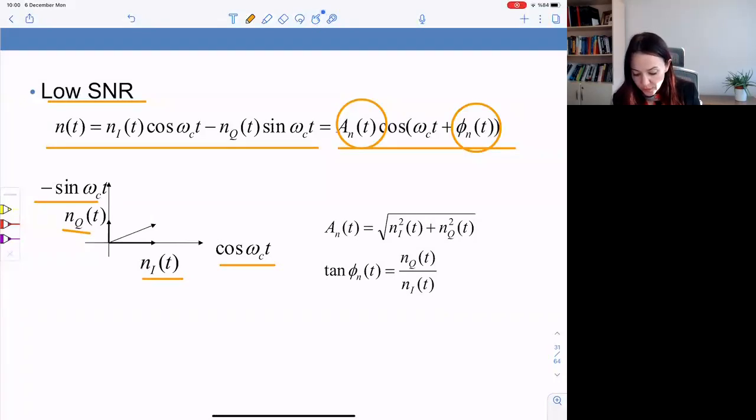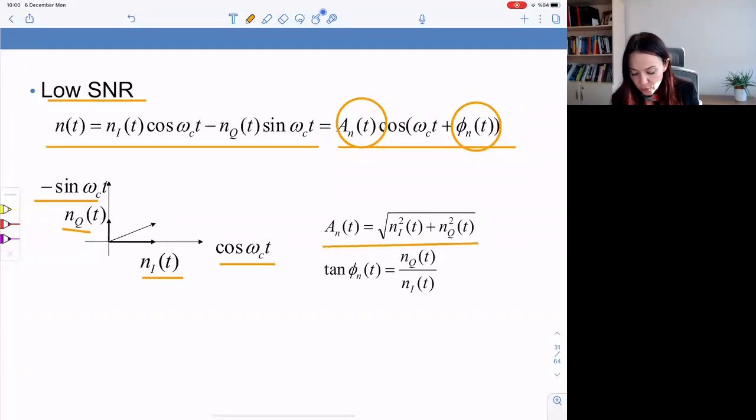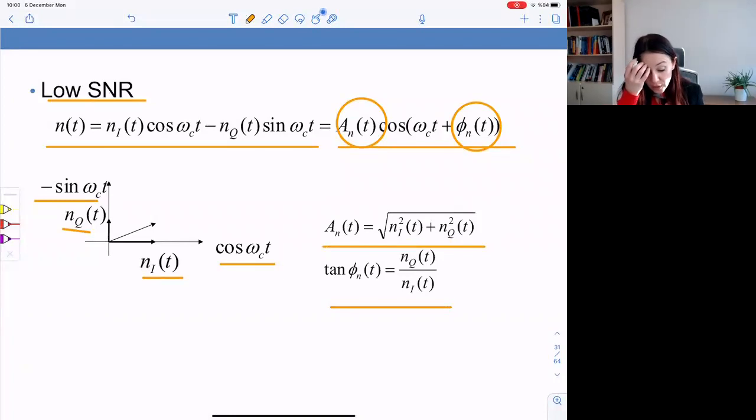So the time varying amplitude is the square root of Ni squared plus Nq squared. The tangent of the angle is the ratio of Nq by Ni. So now we're going to see, in the low SNR limits, the addition of this noise on top of the time varying signal, and what happens.